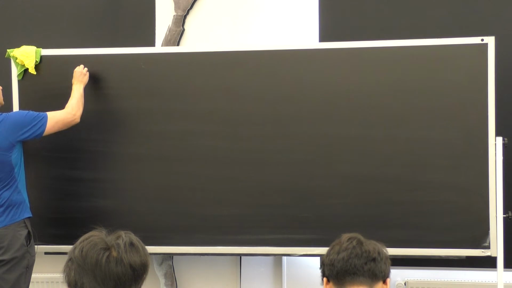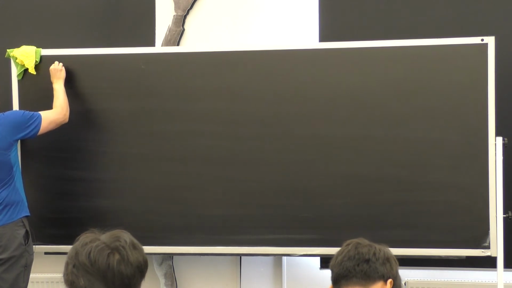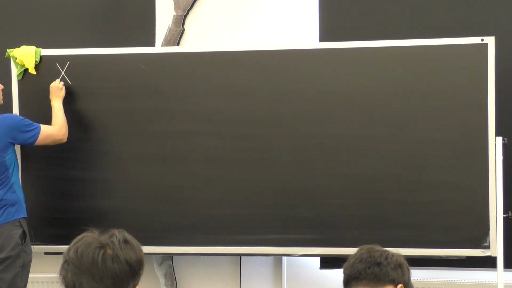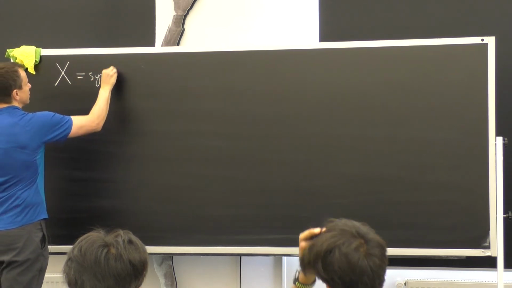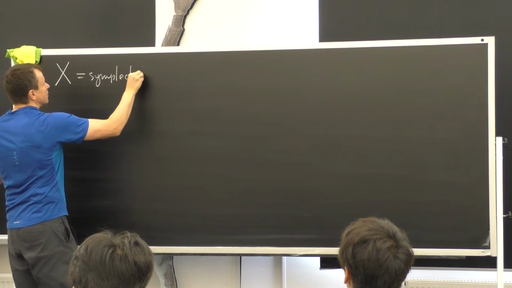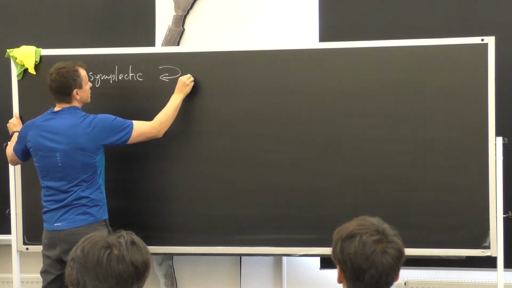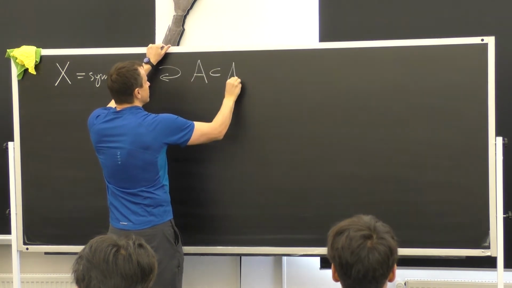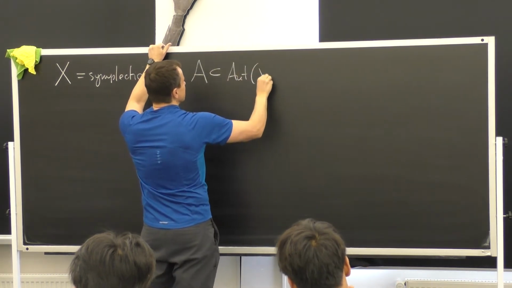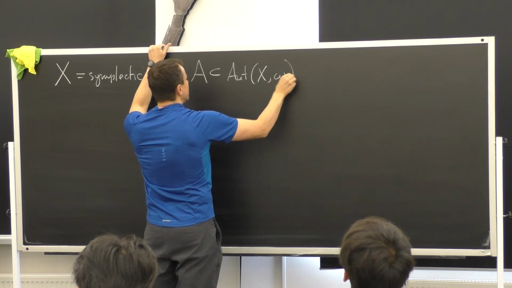So we had an algebra X that was symplectic, and there was an action of A. A was sitting in the automorphisms of X, preserving the symplectic form.